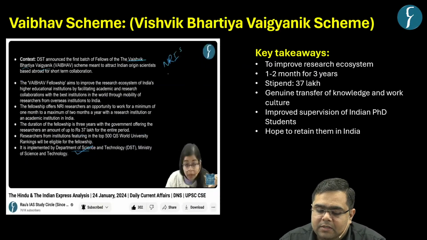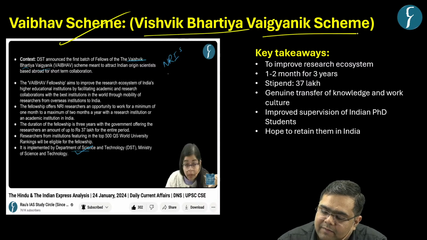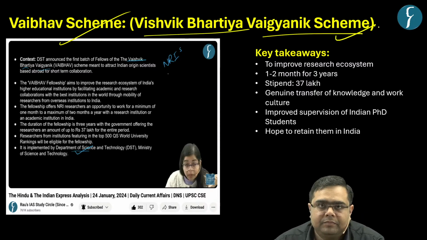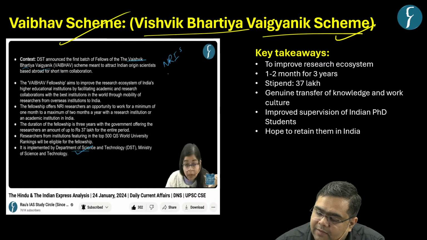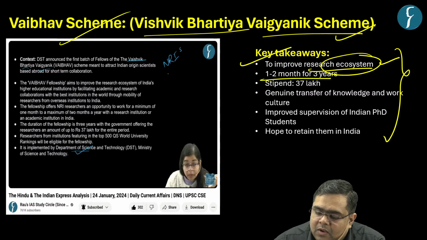Moving on, let us discuss the Vaibhav scheme. The Vaibhav scheme is an acronym for Vaishvik Bhartiya Vaigyanik scheme. What are the key takeaways from that scheme? The key takeaway is that it aims to provide a research ecosystem for aspiring scientists in India. What is the essence of this scheme?